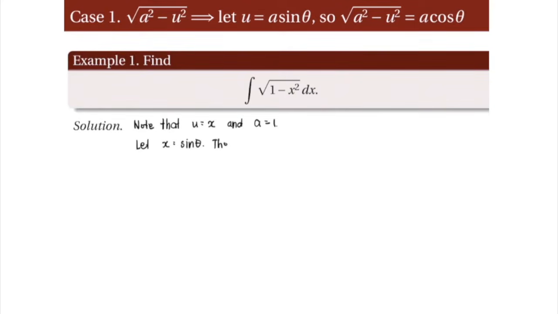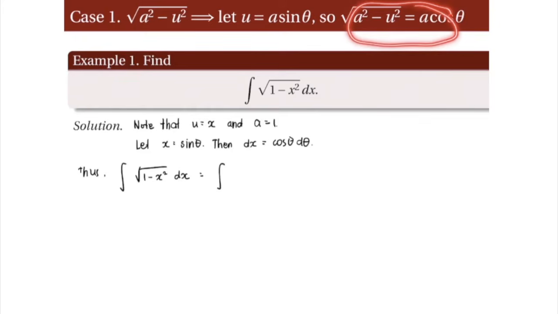And so, what we have here now would be, again, differentiating the left with respect to x, we have here 1 dx equal now to derivative ng sine theta with respect to theta is cosine theta multiplied now by d theta. And so, take note here na yung integral ngayon ng square root of 1 minus x squared dx is equal to the antiderivative of, again, yung square root ng 1 minus x squared coming from this substitution sa taas is given here by cosine theta.